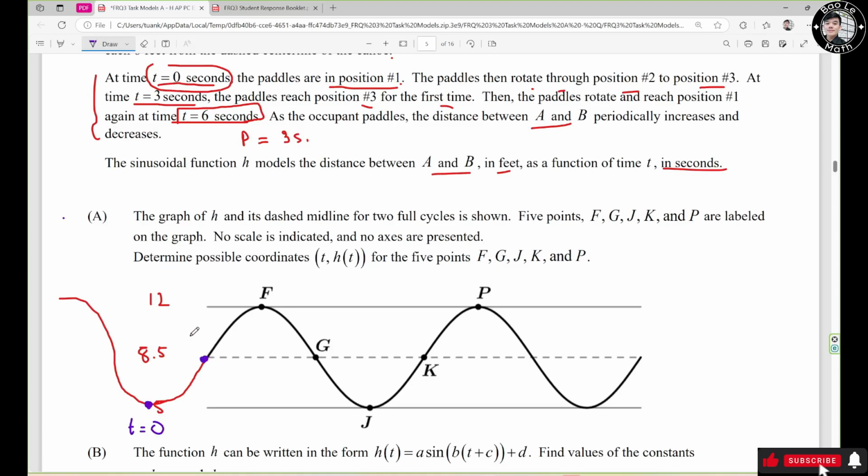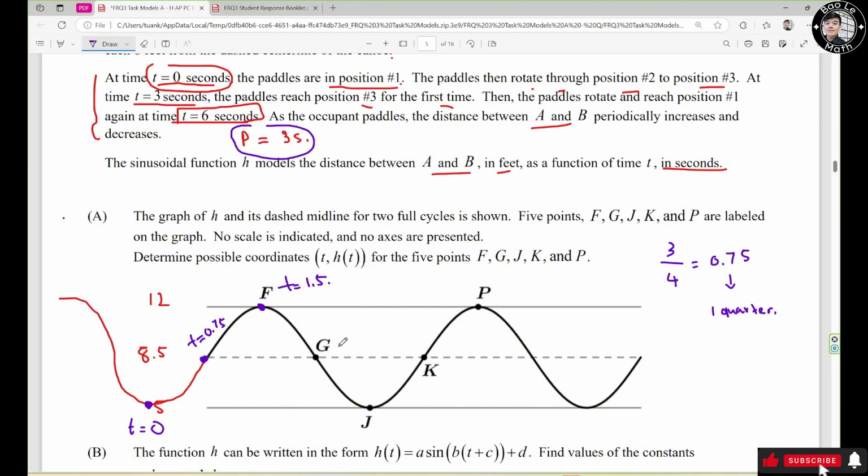This point right here, t equals 0.75, right? Because you see that the period equals 3 seconds, so 3 divided by 4, you will get the length of each quarter. It's going to be 0.75. This is the length of 1 quarter, right? Alright, so next one right here, at the maximum point, t equals 1.5.